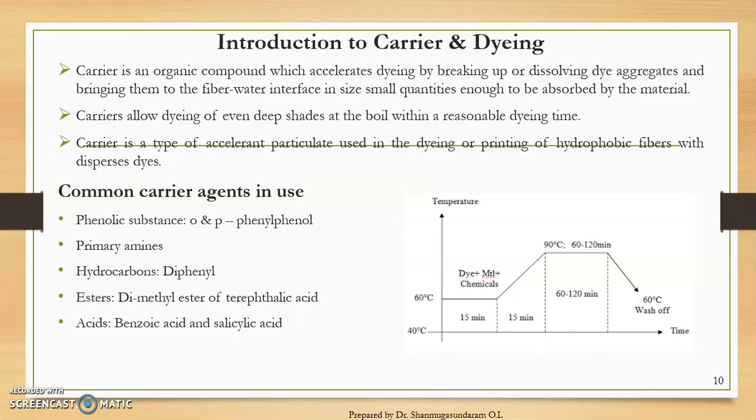Carriers allow dyeing of even deep shades at boiling within a reasonable dyeing time. A carrier is a type of accelerant used in the dyeing or printing of hydrophobic fibers with dispersed dyes. These are the common carriers used during the carrier dyeing process. Mostly orthophenyl phenol is used. So this is how the dyeing takes place.